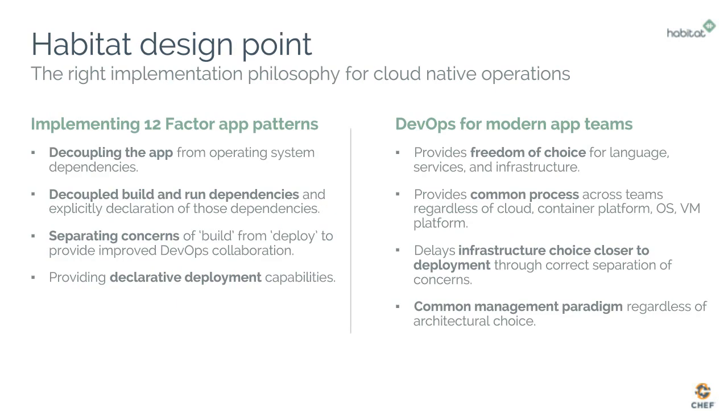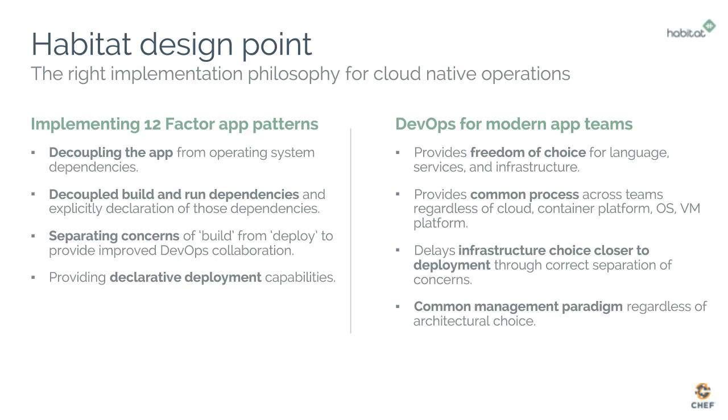Habitat's design points. Habitat is focused on allowing adopters to implement 12-factor application patterns without necessarily having to become distributed systems experts themselves. So what we're doing is decoupling the application from operating system dependencies.